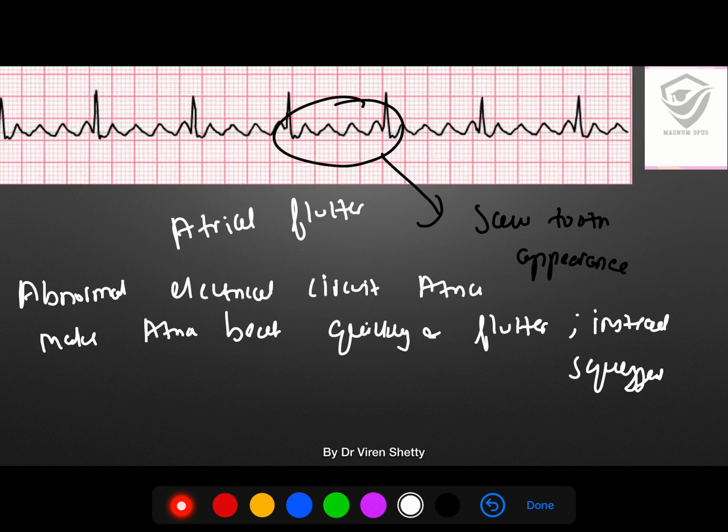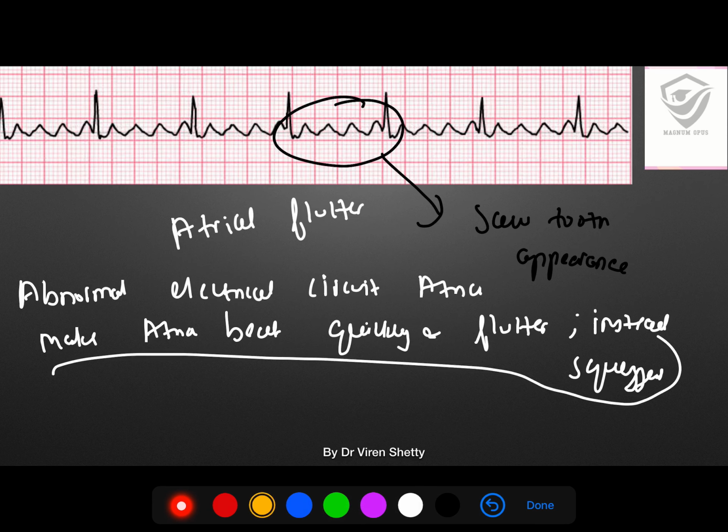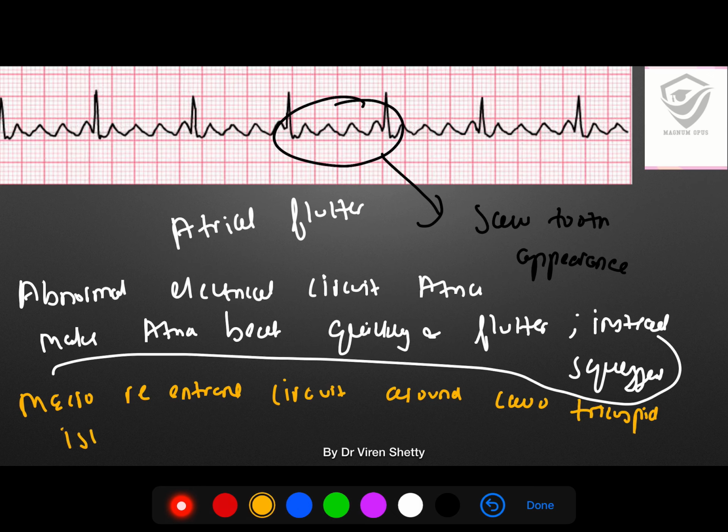In Hindi this is 'phad phad karega', like a bird, it will flutter, and that gives a sawtooth appearance. So this is what we explained in our words, but in the textbook something is written like this. There is a macro reentrant circuit around the cavo-tricuspid isthmus.